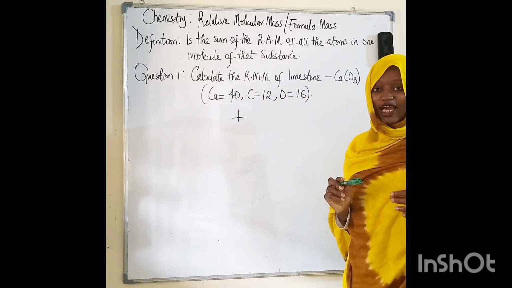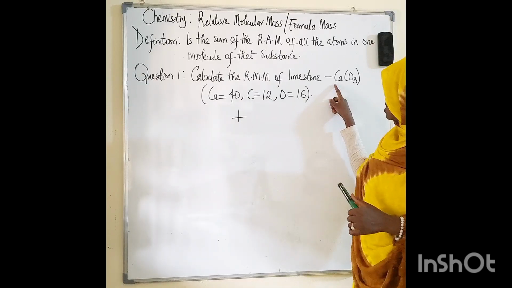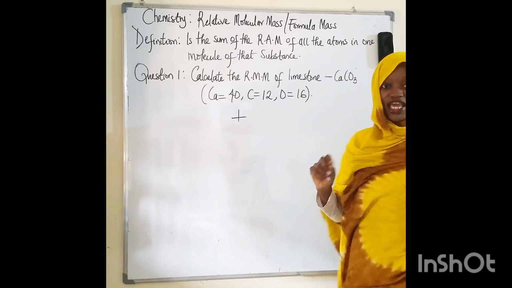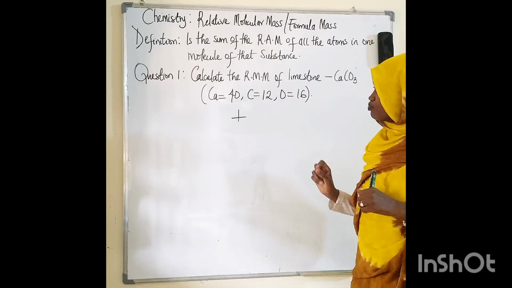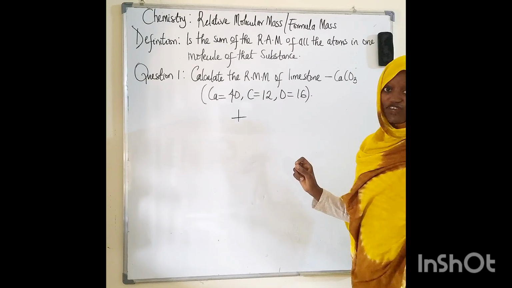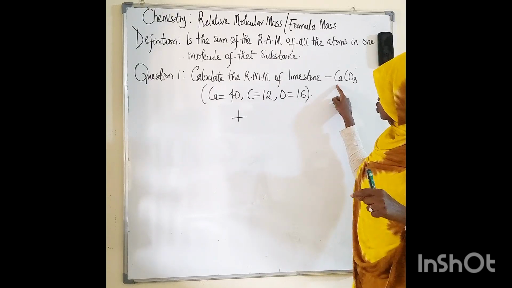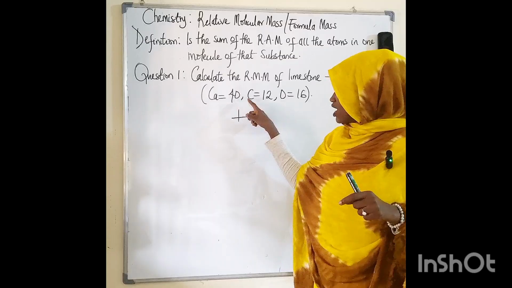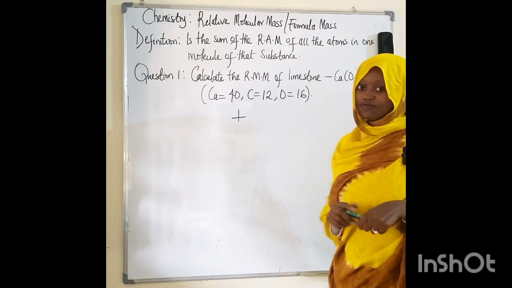The formula for limestone has been provided, which is CaCO₃. We have also been provided with the atomic mass of each element present in the compound. We have calcium as 40, carbon as 12, and oxygen as 16.